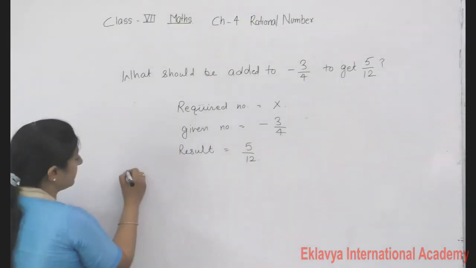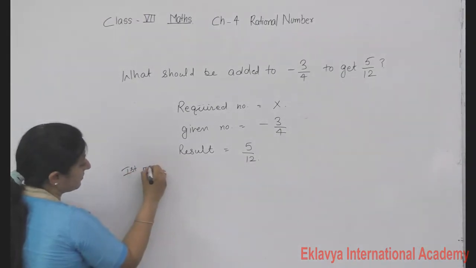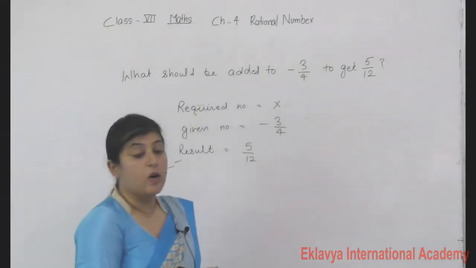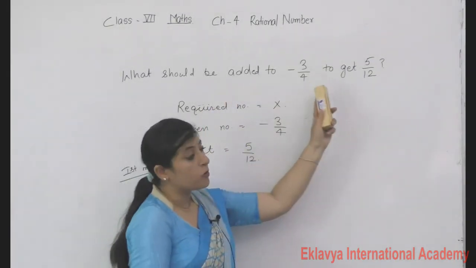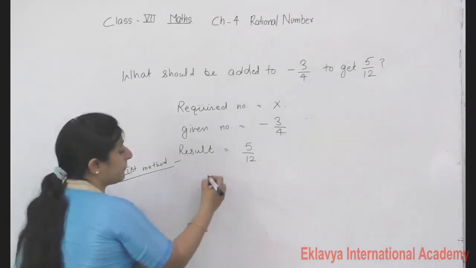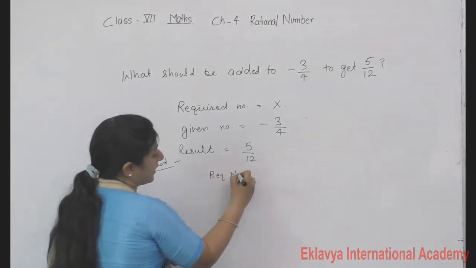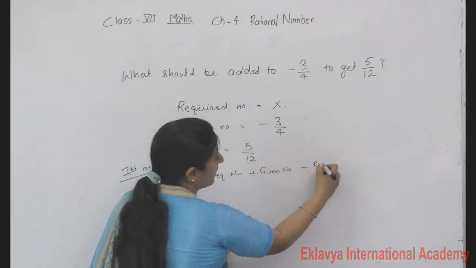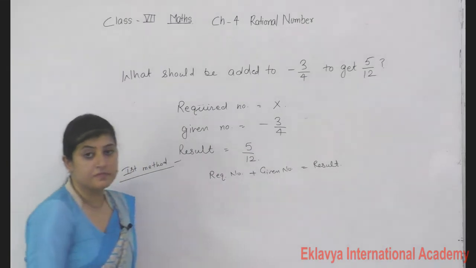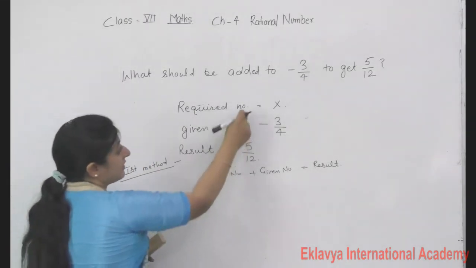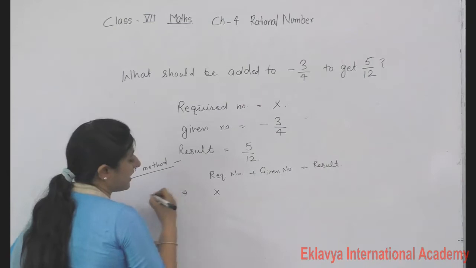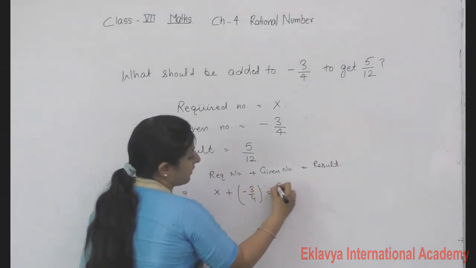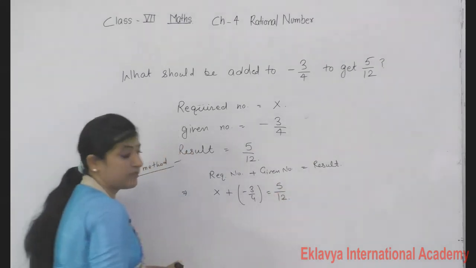First method, I prefer according to the statement. What should be added to -3 by 4? It means required number plus given number is equal to result. Let x should be added, x plus minus 3 by 4 is equal to 5 by 12.